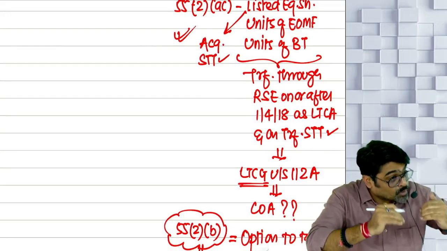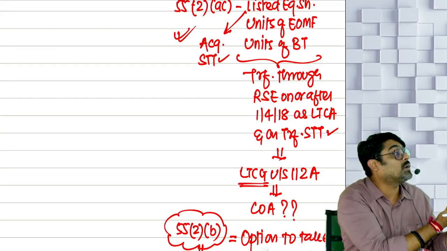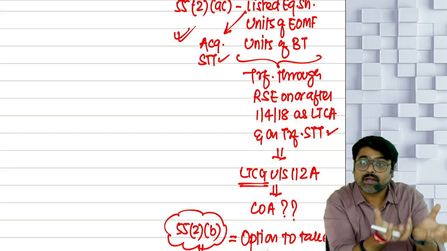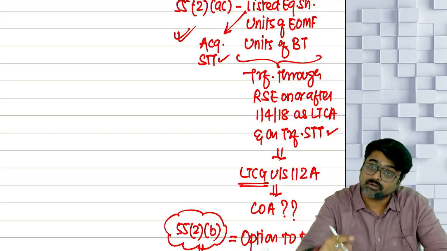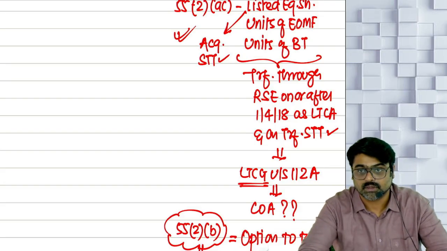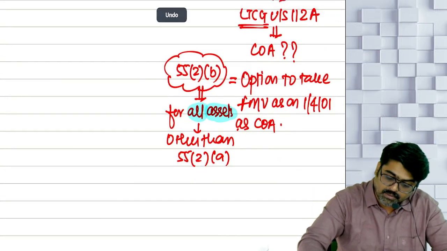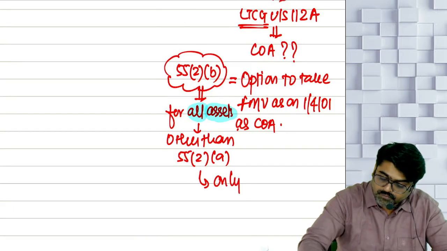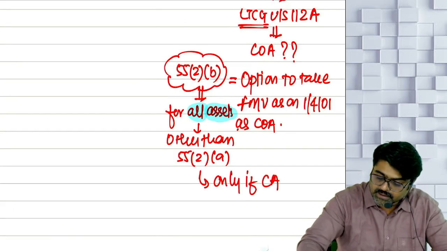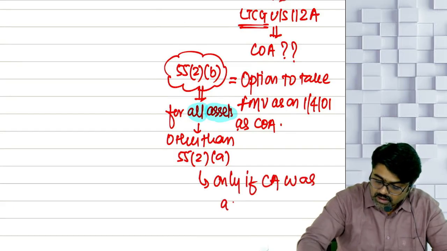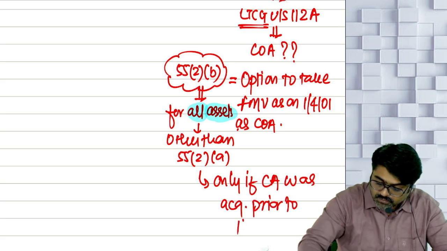Whatever cost is defined, or the actual cost, if you want to take it, take it. Or we are giving you the option also to take what? Fair market value as on 1st April 2001 as your cost of acquisition. But that option will be available only if the capital asset was acquired by the assessee prior to 1st April 2001.